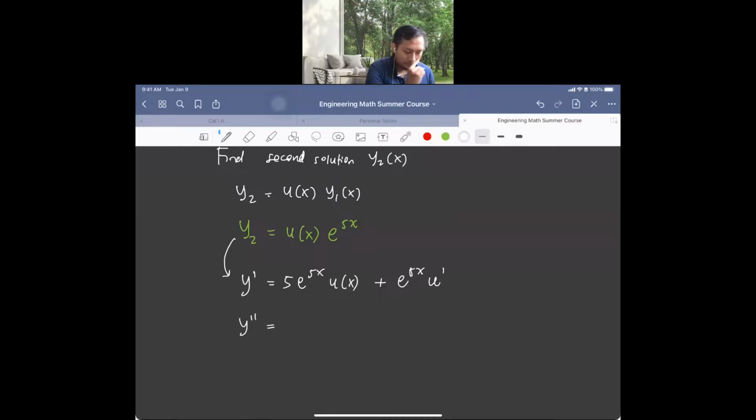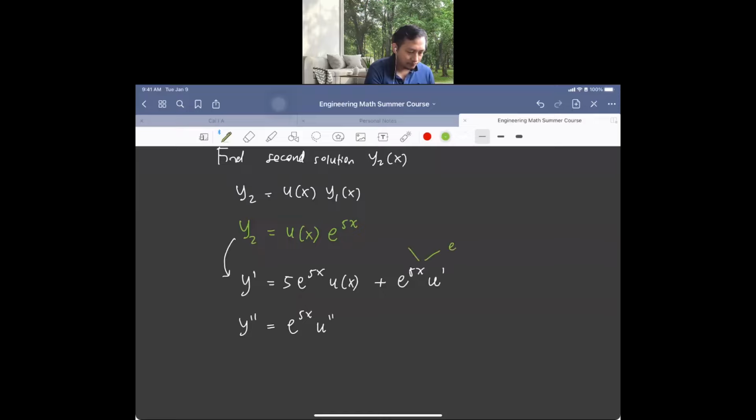And y double prime will be e^(5x) u double prime plus this will be 5, right?